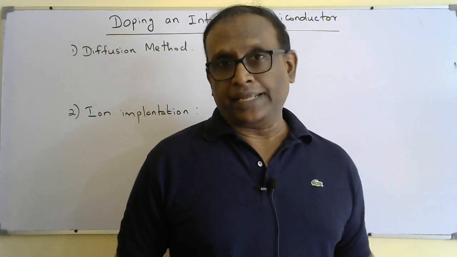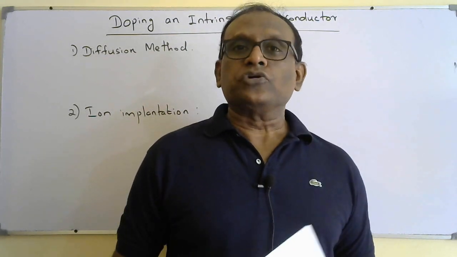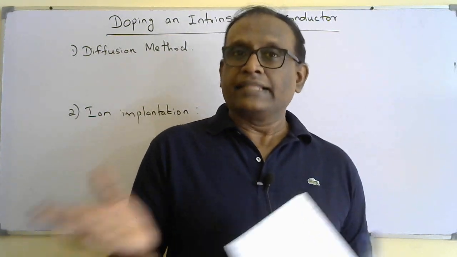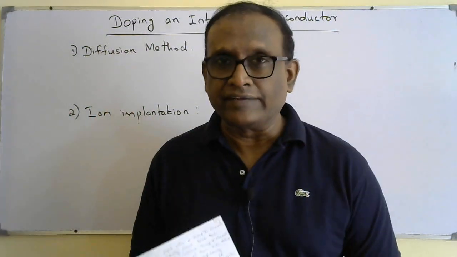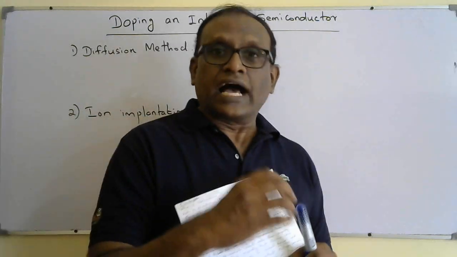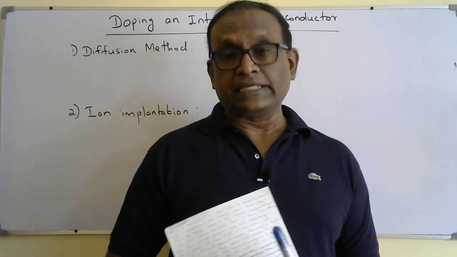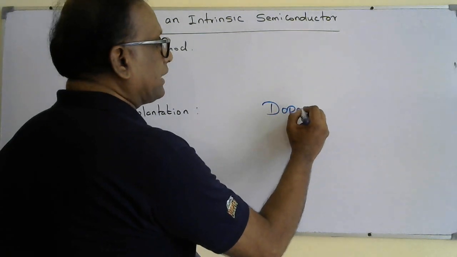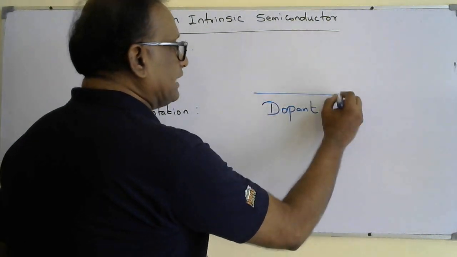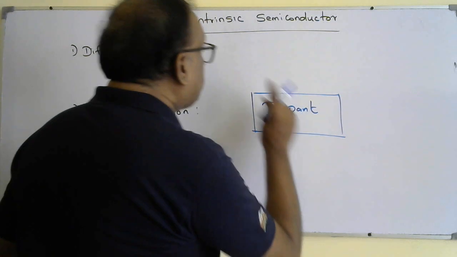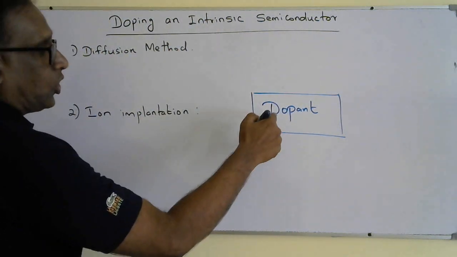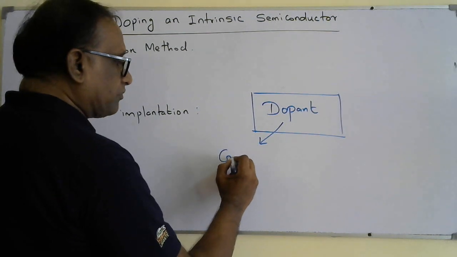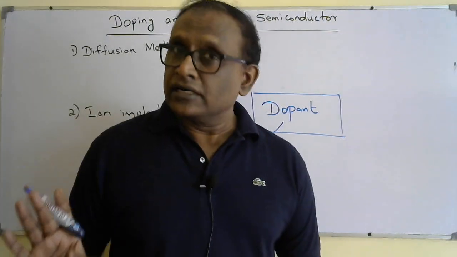These impurities introduced into the semiconductor, either a group 3 element or a group 5 element, are called dopants. The element which is introduced to the pure semiconductor is called a dopant. It could be a group 3 element when we don't consider transition metals.